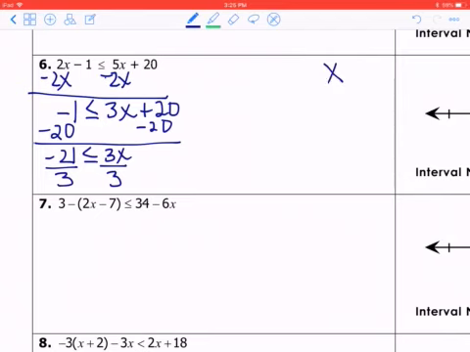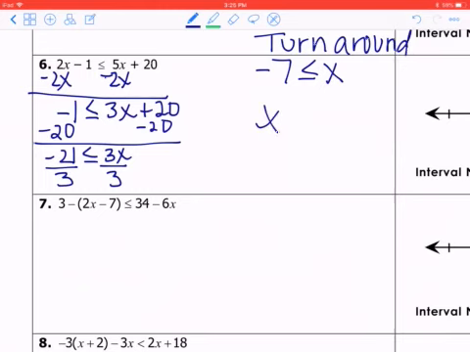So now I will have x is greater than or equal to negative 7. And now remember, we want our variable on the left, so I need to turn all of it around. That means I'm going to put the x in the front. I will turn around my inequality sign, and the negative 7 goes in the back.